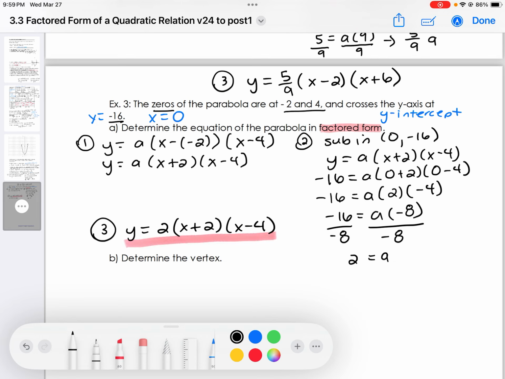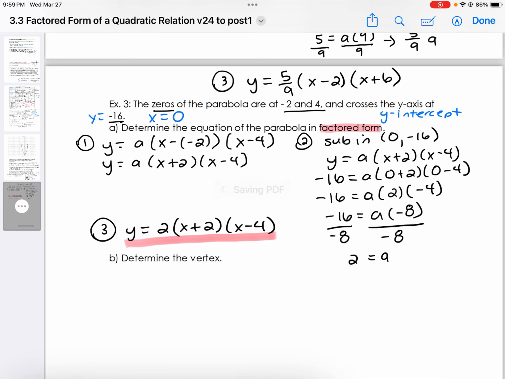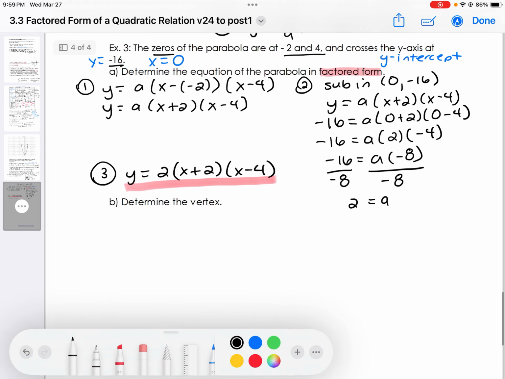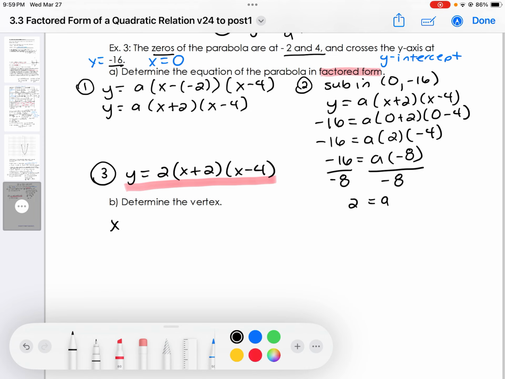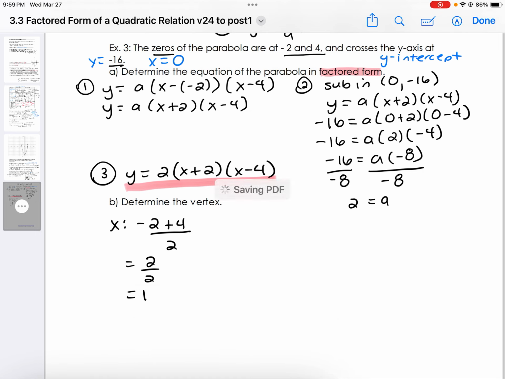Okay, this question asks us to do something else, to determine the vertex. So we are going to go back to the roots, add them together, divide by 2, -2, +4 is +2 over 2, which 2 divided by 2 is 1.